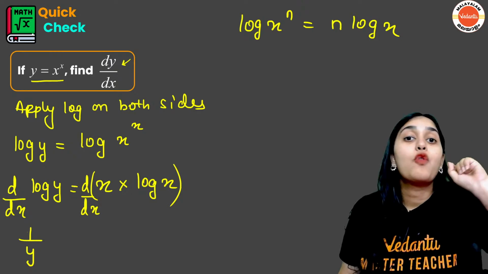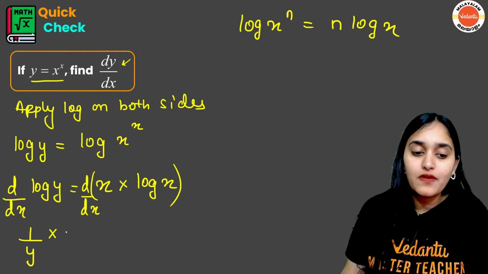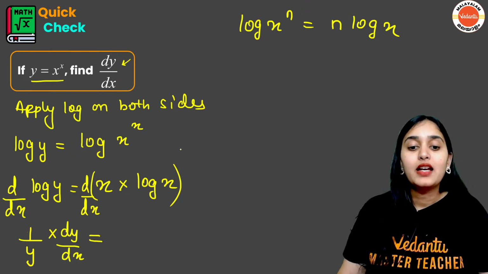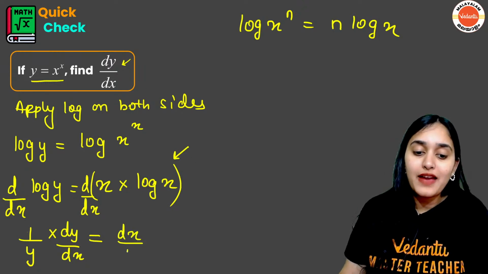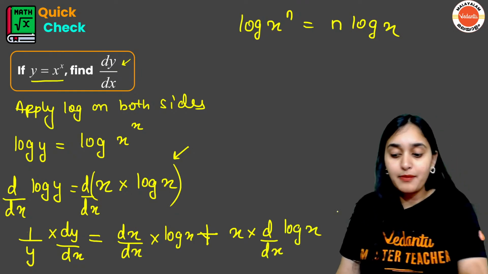But since y cannot be differentiated with respect to x, so we will multiply it with dy by dx. It will be there. Next, here we will apply product rule, differentiation of x into log x plus x into differentiation of log x. Product rule, remember everybody?